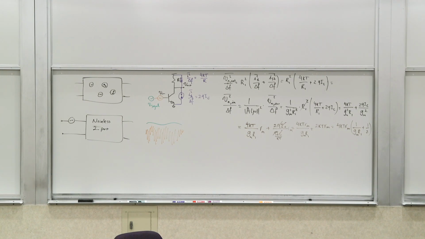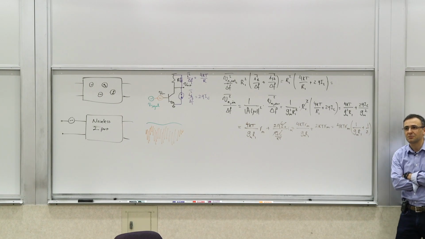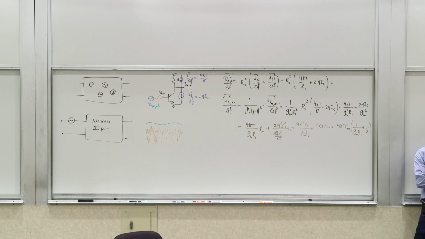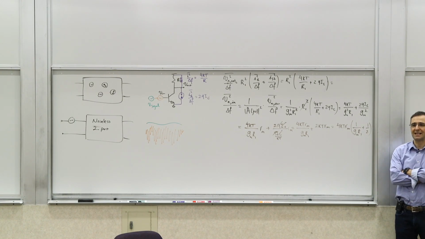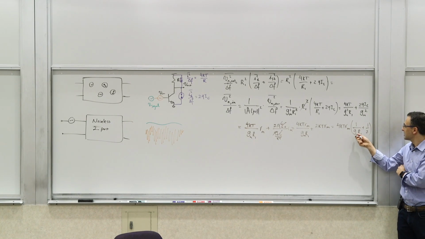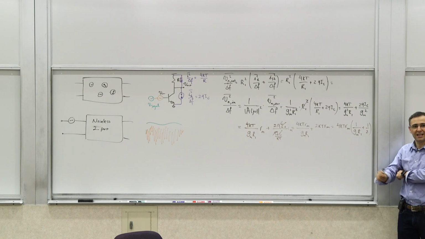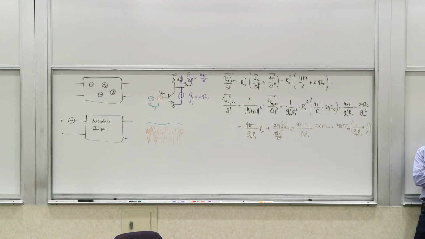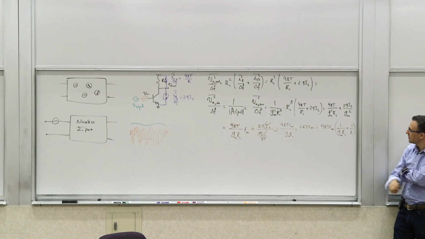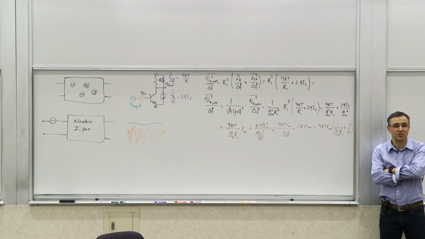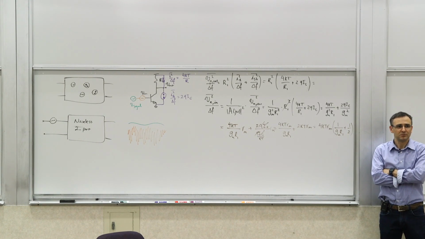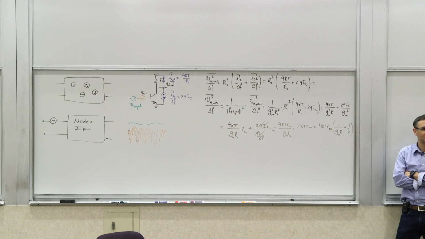But this way, you can actually see something else when you write it this way. So you can see what should dominate and when. Which term dominates? Is it the shot noise that dominates, or is it the thermal noise of the resistor that dominates? Now, if it's an amplifier with sufficient gain, let's say gain is significantly larger than 2, then what dominates?